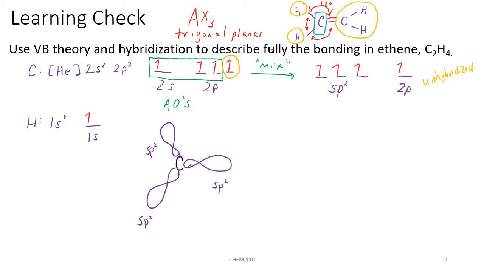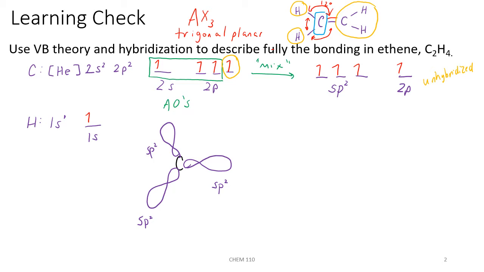They're going to have about 66.6% p character and about 33.3% s character, just based upon the atomic orbitals that were used to create these hybrid orbitals. So that's one of our carbon atoms with its 3 sp2 hybrid orbitals, all spaced 120 degrees apart.